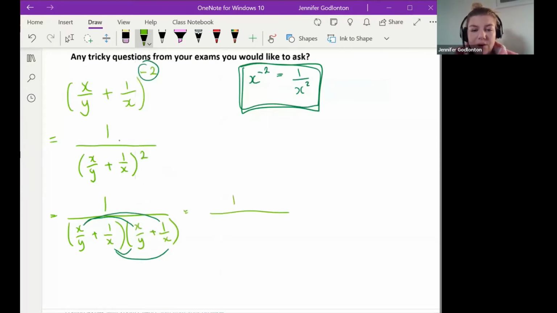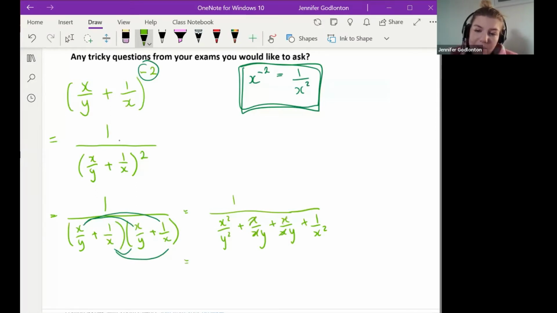So then we're going to have 1 over, and then down here we have x squared over y squared plus, well, those x's are going to cancel, but let me just write them out: x over xy plus x over xy plus 1 over x squared. These x's are going to cancel.